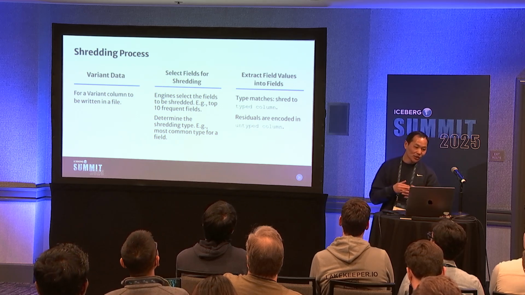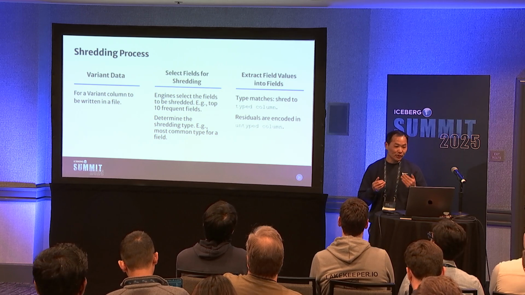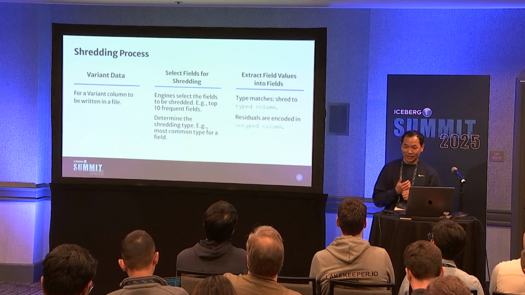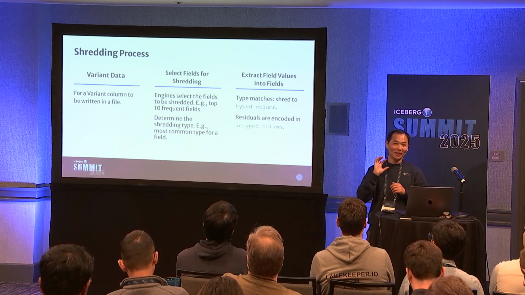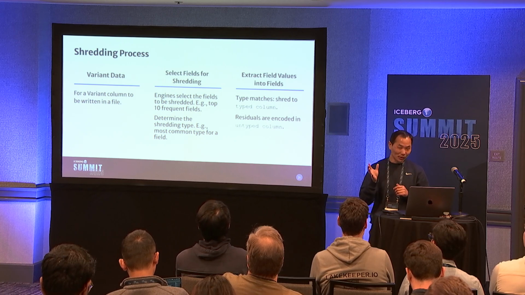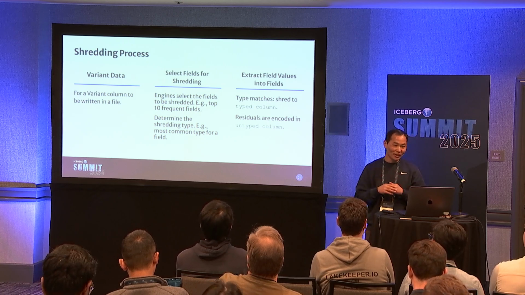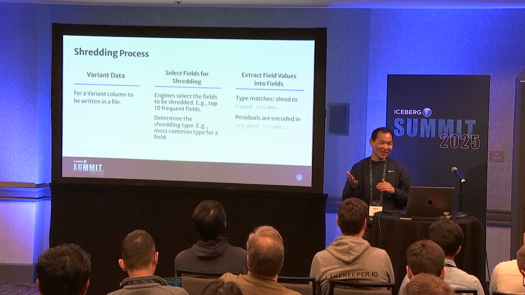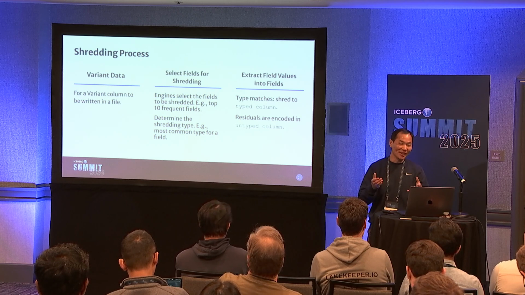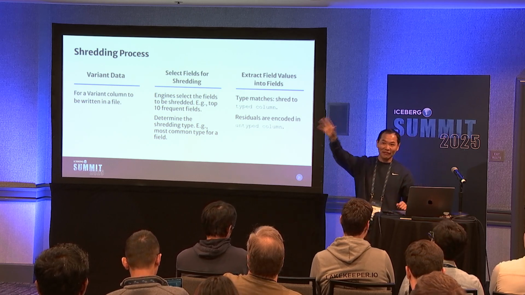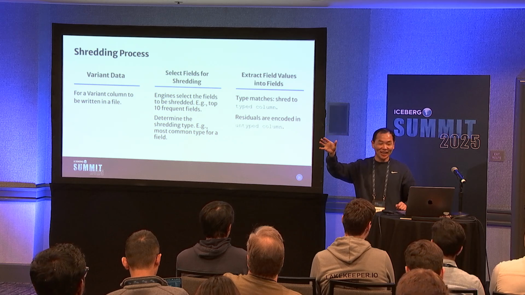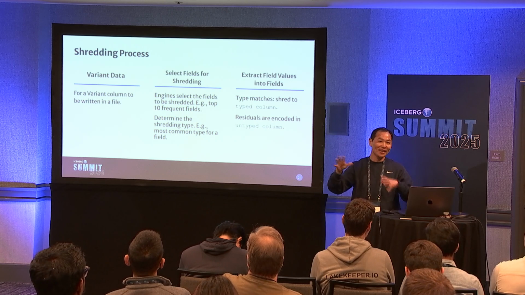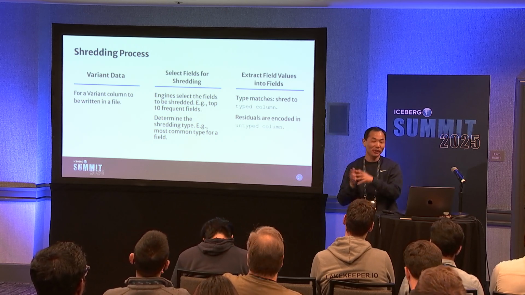Second, how are you going to choose the fields for shredding? As I just mentioned, optimally, you pick the fields that will be commonly accessed. Let's say these 10 fields will be accessed very frequently, then I'm going to shred those fields.